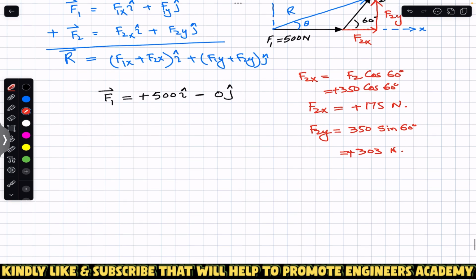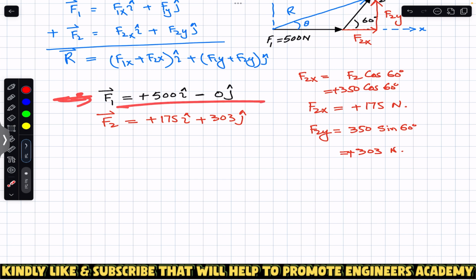So now we can write the F2 vector. F2 vector will be equal to F2x i, so F2x is 175, plus F2y j, so F2y is plus 303 j. So this is F1 in terms of i and j, and this is F2 in terms of i and j.